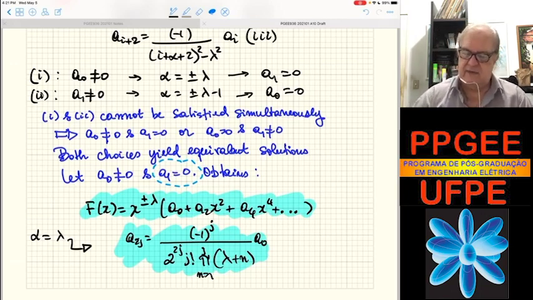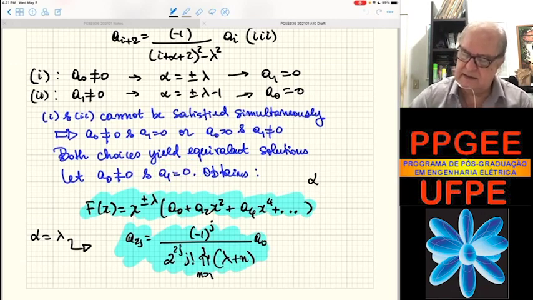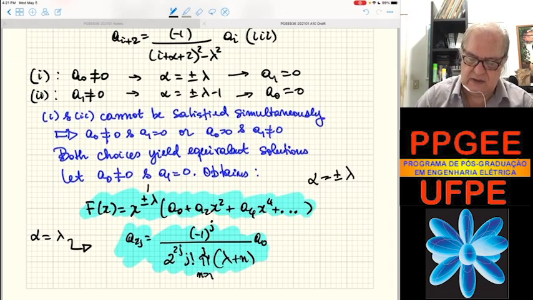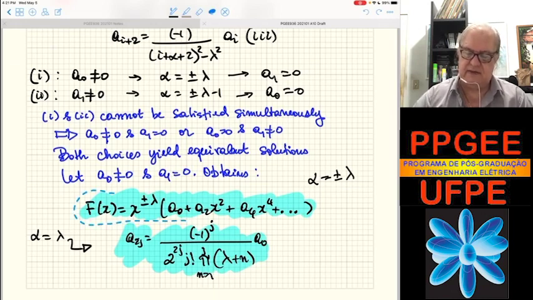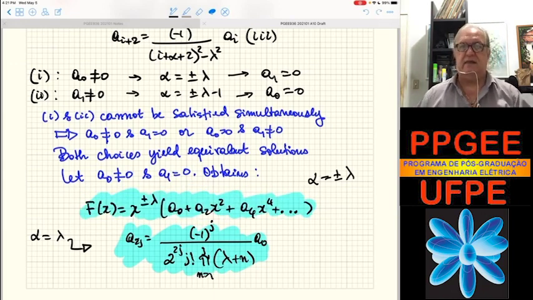So it means that when alpha equals plus or minus lambda, then the lowest order power is going to be x raised to plus or minus lambda. Then I'm going to have a simple relation like this one. I mean, a power series where the power differs by 2 units in each term.